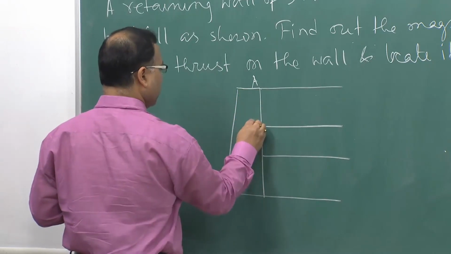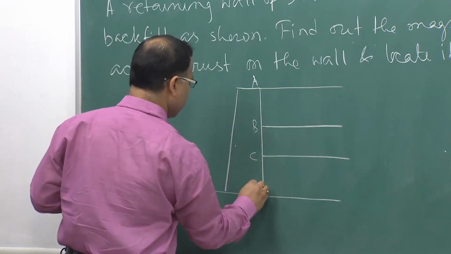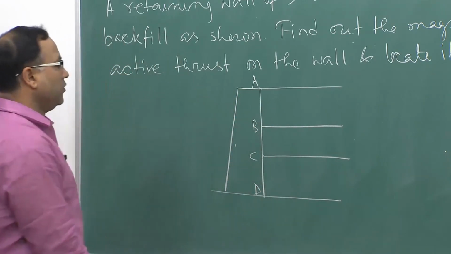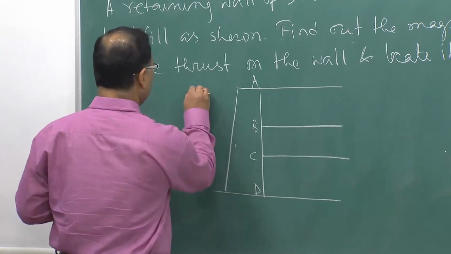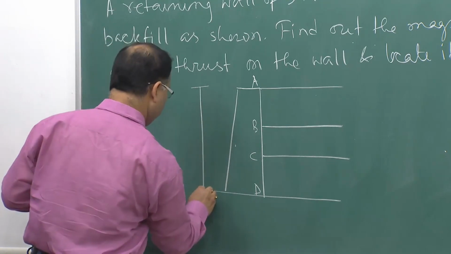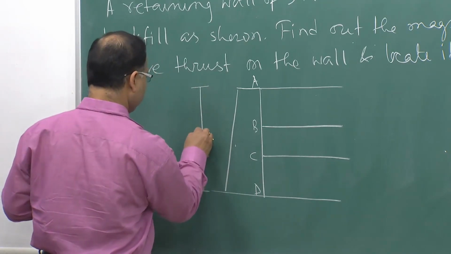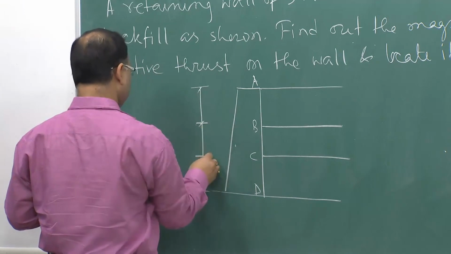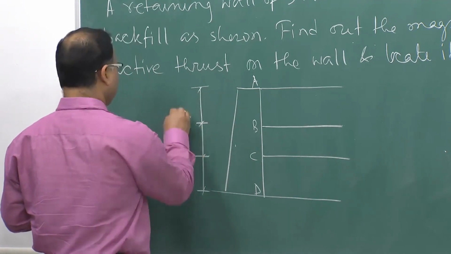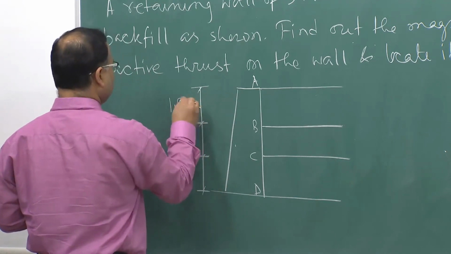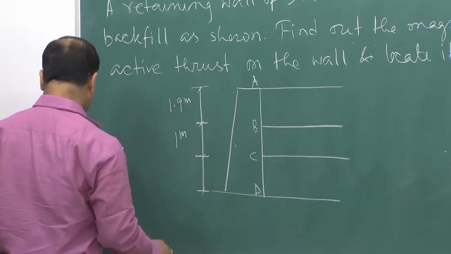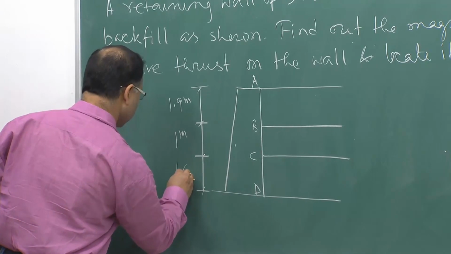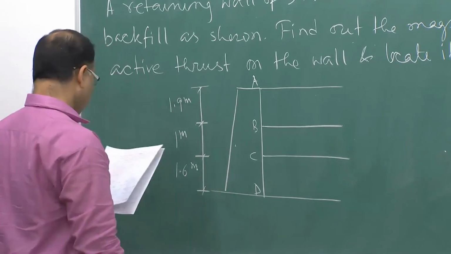So, this is point A, B, C and D. So, you have 3 different strata. Okay. Depth of the top stratum is 1.9 meter, then the second layer is 1 meter and the third layer is 1.6 meter.